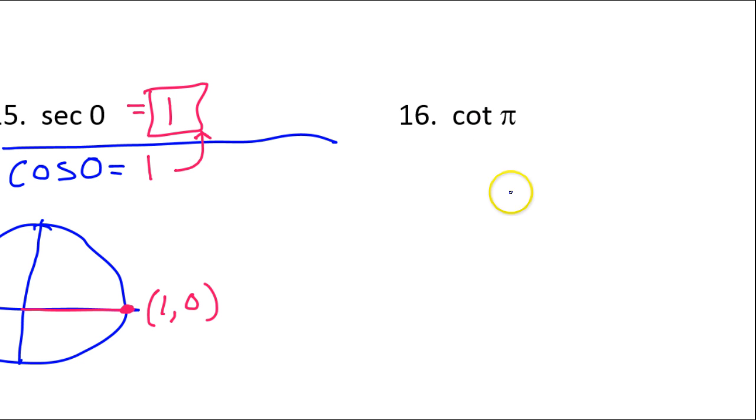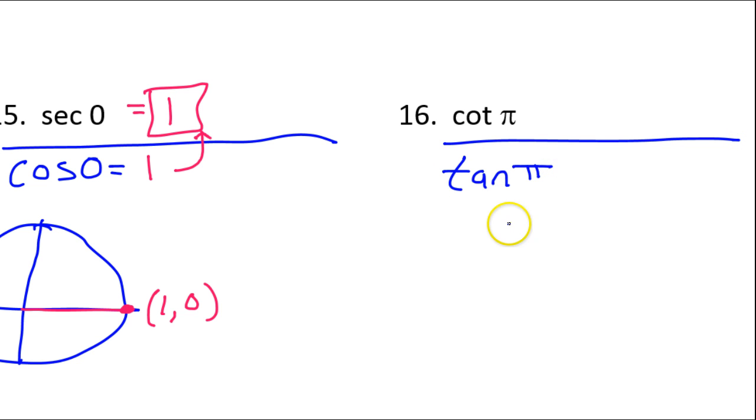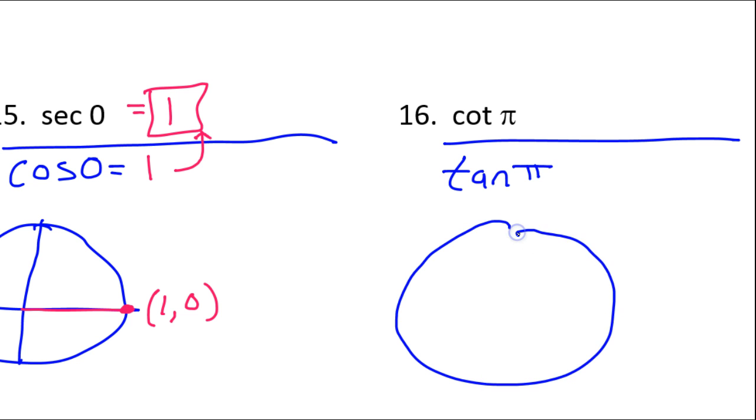Number 16, cotangent of pi. Well, cotangent is the reciprocal of tangent. So let's start by finding the tangent of pi. Alright, here's my unit circle. Here's pi. The initial side is here. The terminal side would be here. So focus your eyes on this spot right here. This is the point -1, 0.